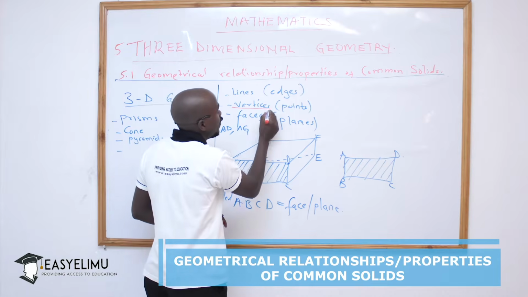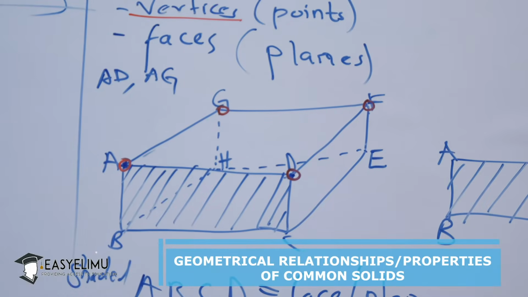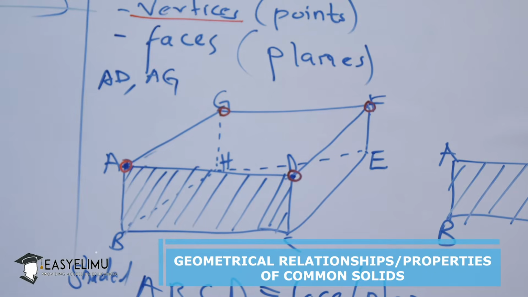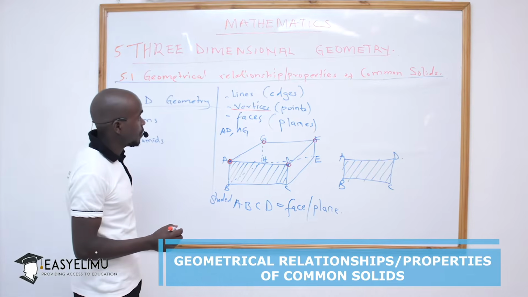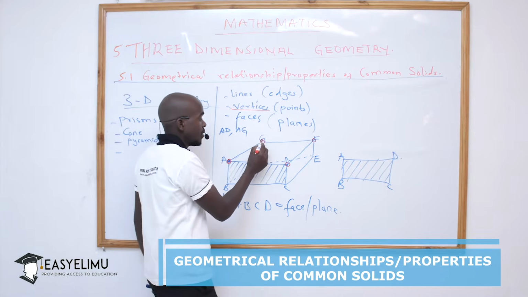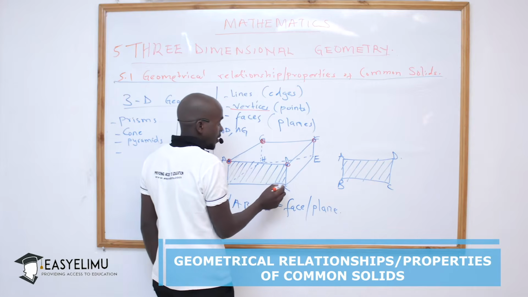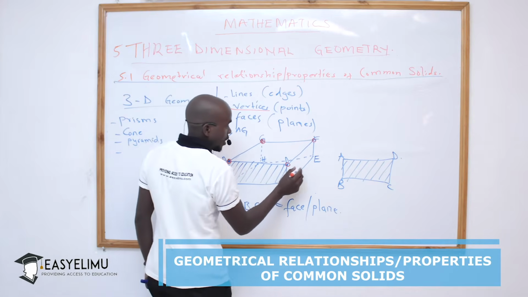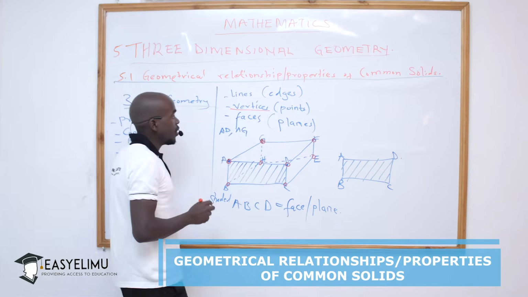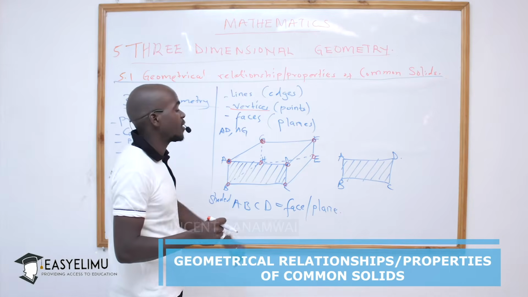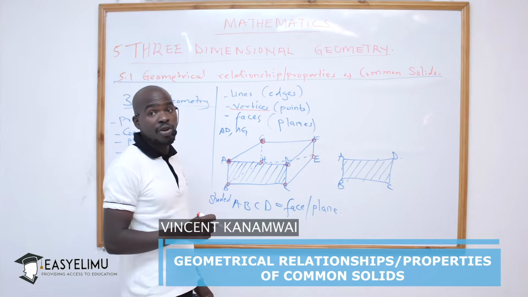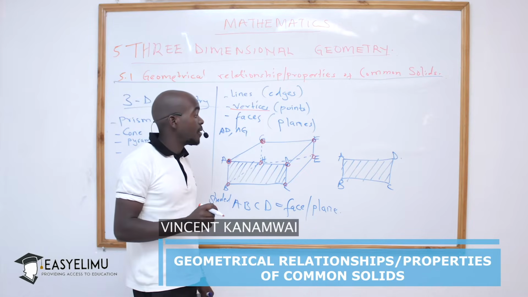And if we talk about the vertices, we are talking about vertex A, the point where 2 or 3 lines join together. G, F, and also here where we find the corners is where the vertices are located. So we can identify a solid by mentioning the vertices or the lines or even the planes. That is how we identify a given solid.